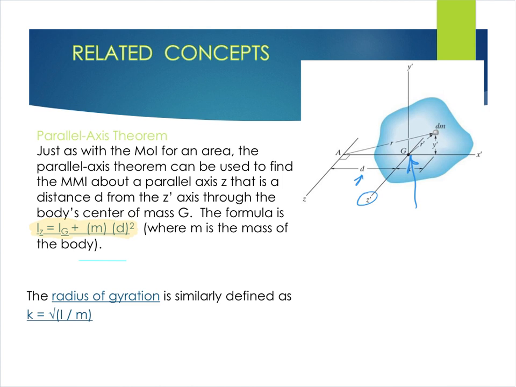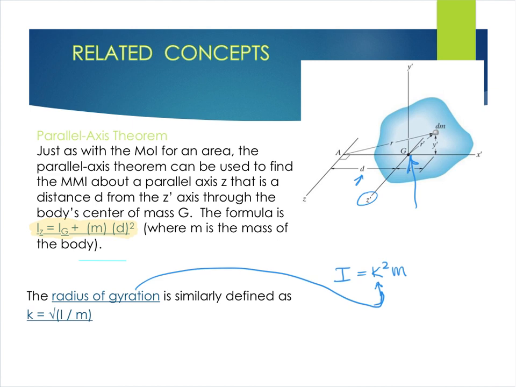I didn't really talk about it in class today, but there was a slide about the radius of gyration. If we end up finding the moment of inertia for an object, we can actually write it as a mass times a quantity squared, which is going to be a distance, and this is what is called the radius of gyration.